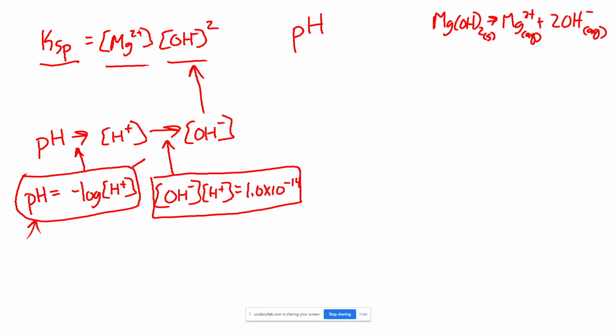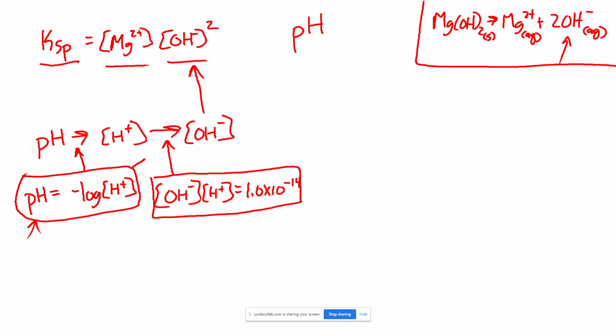However, if we think back to what's actually happening, if we think to the actual chemical process that's occurring, if we know how much OH- is in solution, the only source of OH- is our chemical reaction that's occurring. That's an assumption that we have to make, and we have no reason not to make it.